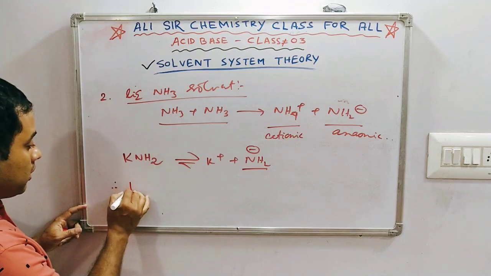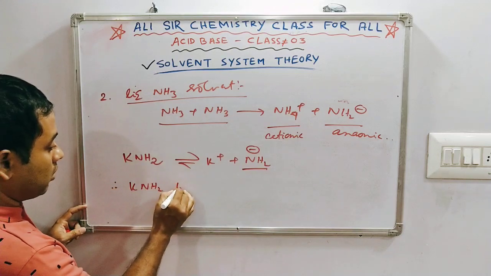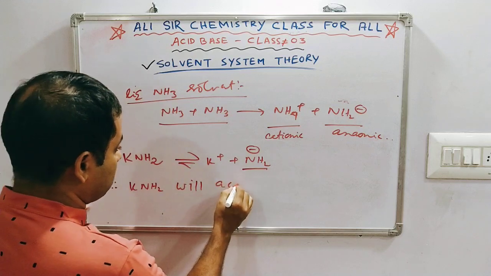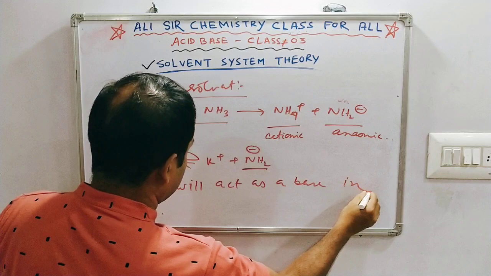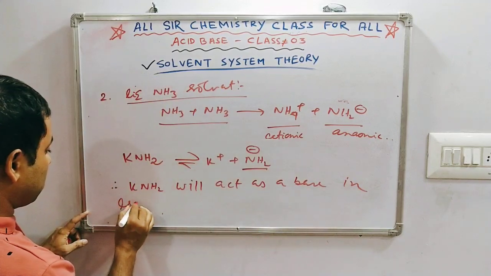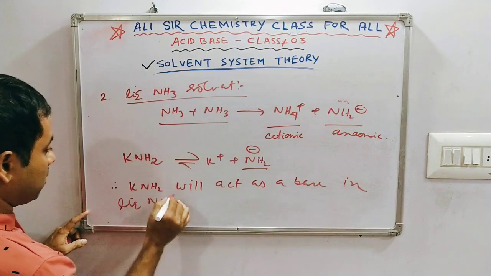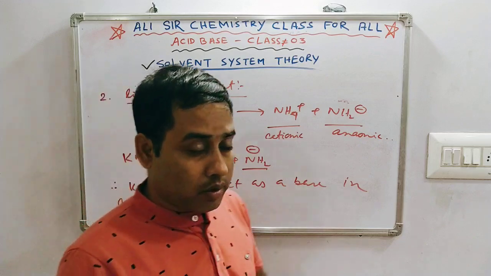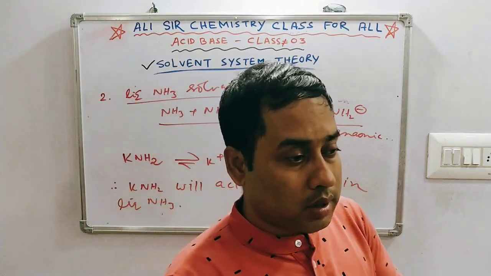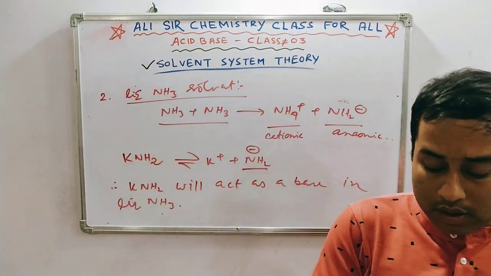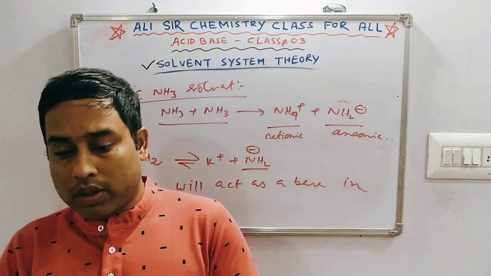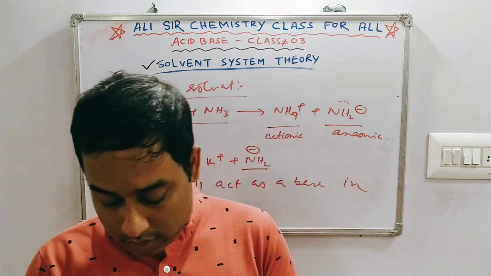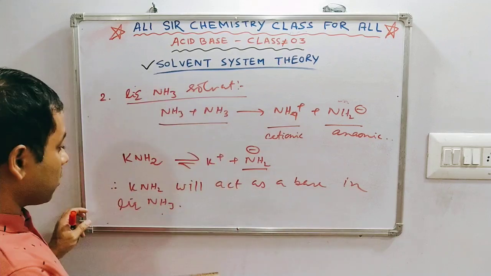Therefore, potassium amide will act as a base in liquid ammonia. It is clear for all of you, I think. This is very simple, very applicable and a very important part of the acid base theory. Now moving to another solvent.